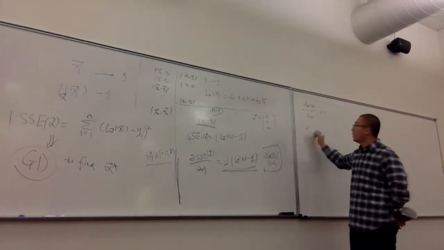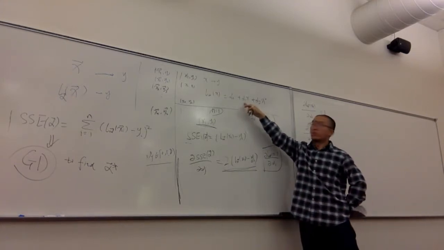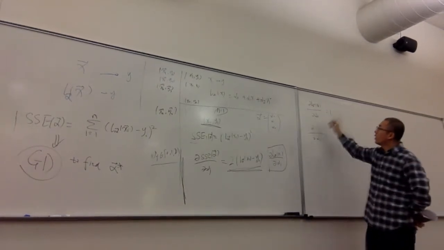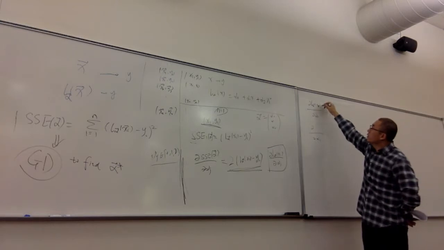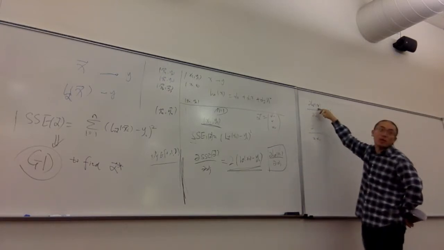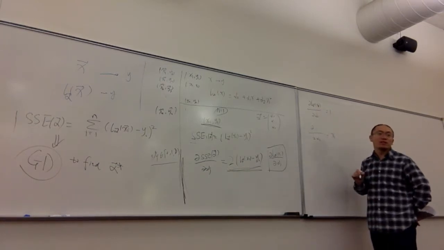And what about the partial derivative with respect to alpha 1? X. But right now, we instantiate our polynomial with x1. So actually, this is x1. Okay.